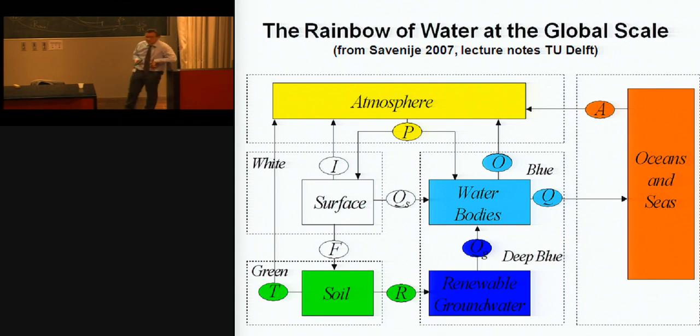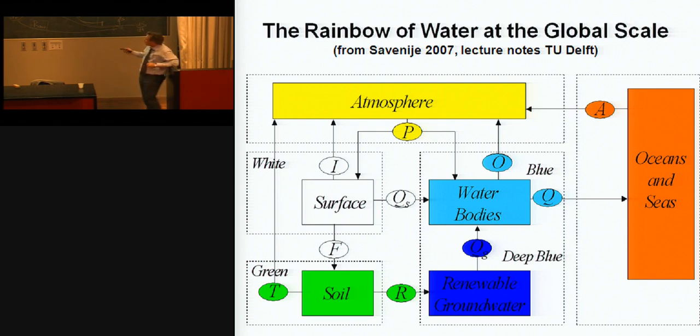White water is the interception evaporation, that's this here. White water, that's the water sitting on the leaves and evaporating again. He also adds to it the so-called surface evaporation, what we call ES here, because this water is all not productive. It falls on the surface, evaporates again, doesn't do anything for biomass production.